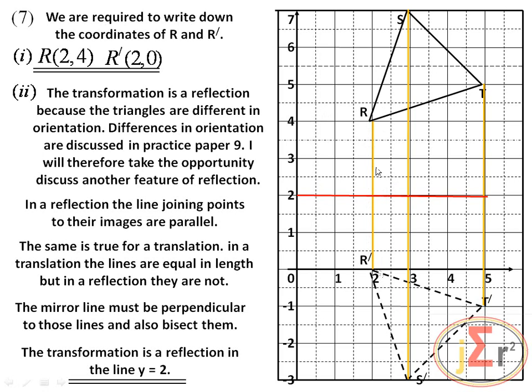That means it must divide it into equal parts. So we have 4 units here. It will pass right here. And that is how we describe a reflection. A reflection is described by stating its mirror line.